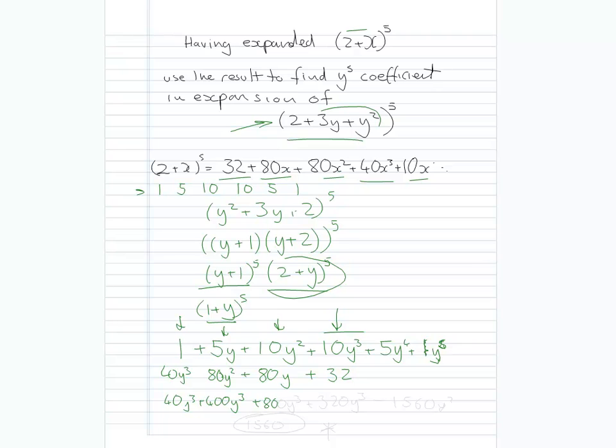And we've got 800y cubed, and in this case, 320y cubed. Totaling up all the coefficients of y cubed here, 40 plus 400 is 440, so that's 1240, then 1560 will be the coefficient of y cubed.